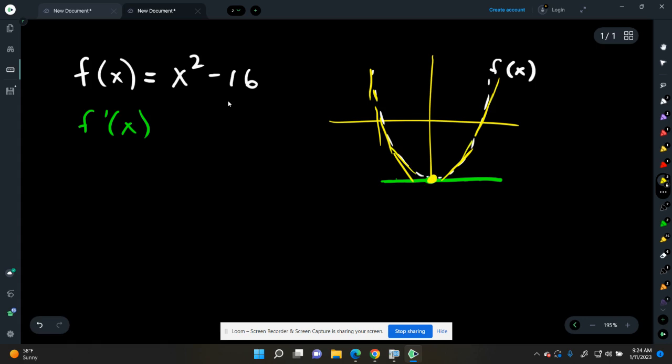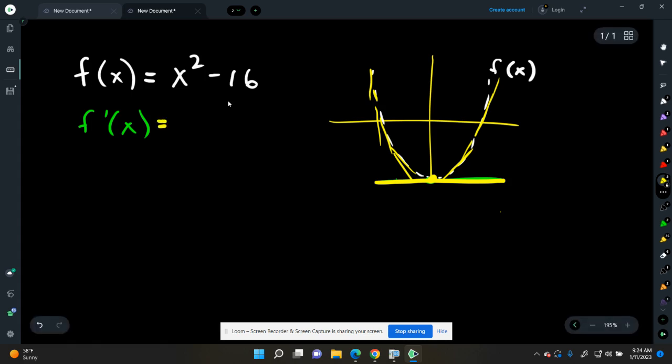At this very point, the slope of the tangent line is what? Zero. So anytime we have a minimum or a maximum, the slope of the tangent line will be zero. So what we have to do is find the derivative.